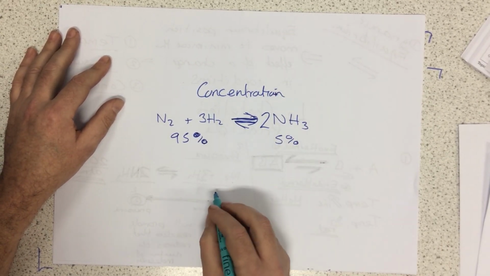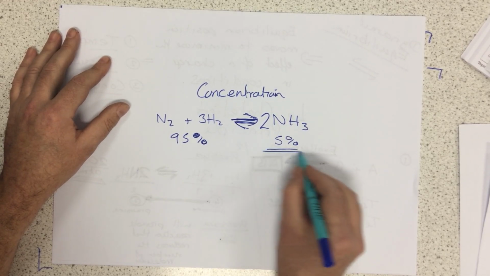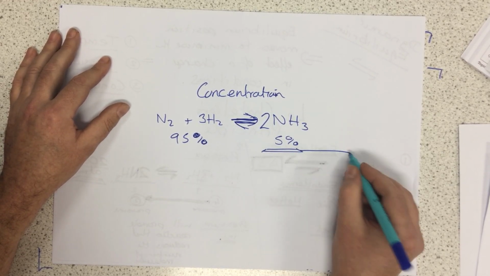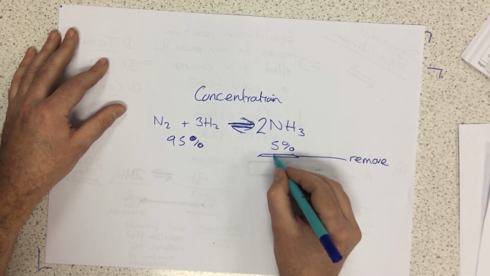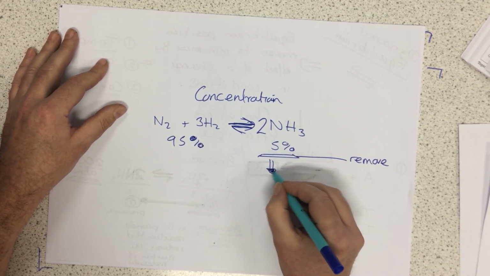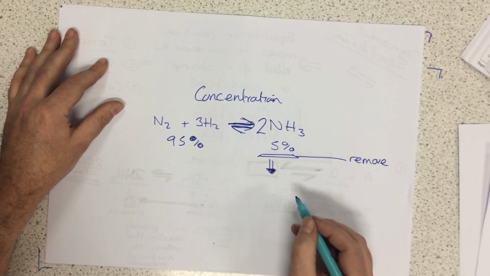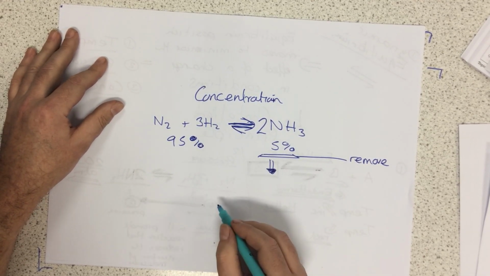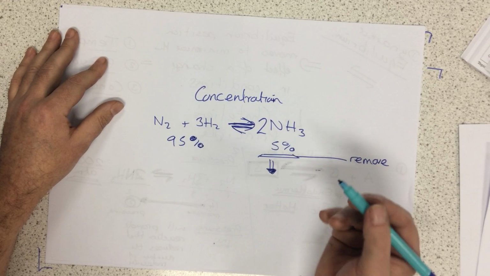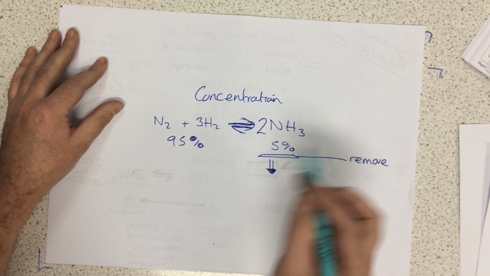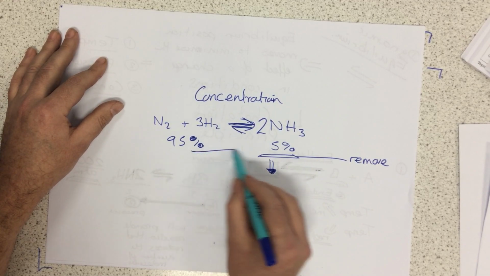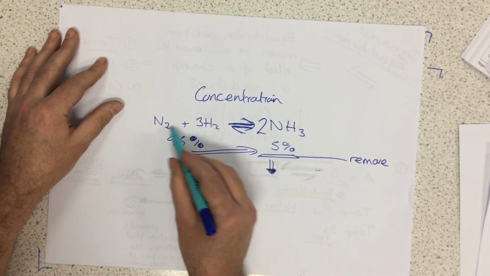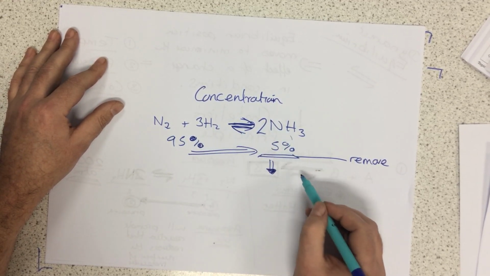Now, if I can reduce the concentration of ammonia by removing it, this will reduce the concentration of ammonia on this side. Then Le Chatelier's principle says that the reaction will compensate for this by moving more of the nitrogen and hydrogen over to this side of the equation.